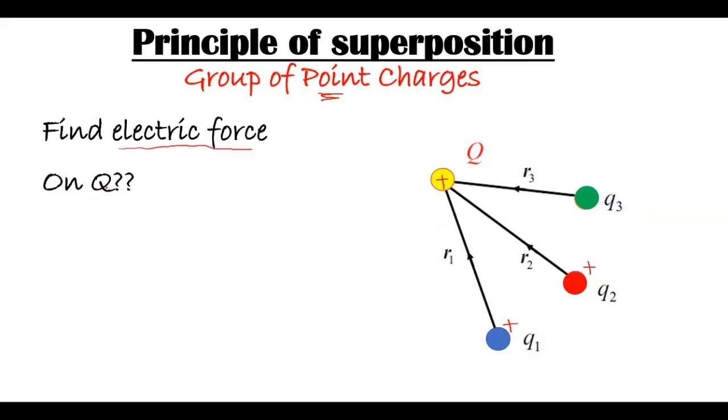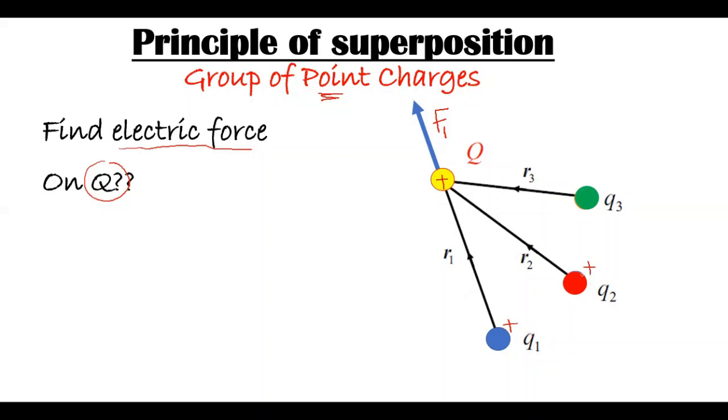What is the force on Q capital? How is Q capital going to move? We have two positive charges. There is a repulsion. The repulsive force makes this Q move upward in this direction. So we are going to draw the force line just like that. F1 is the force acting on Q capital due to the presence of Q small 1.